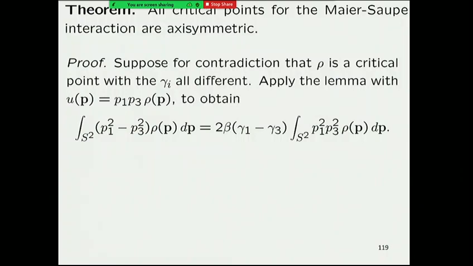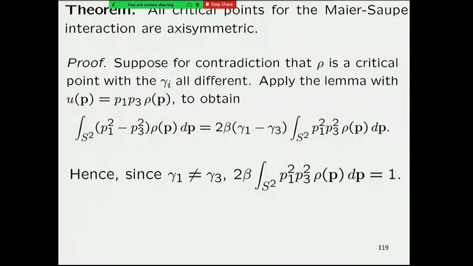So on the left we'll have gamma 1 minus gamma 3. Gamma 1 is by hypothesis not equal to gamma 3, and so we'll get that 2 beta times this integral is 1. Because this is just gamma 1 minus gamma 3 times the integral of rho.